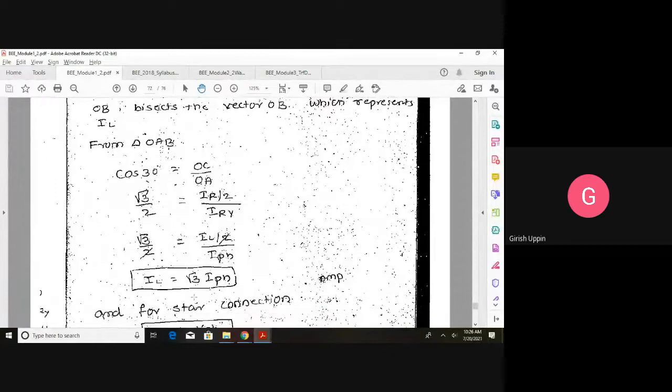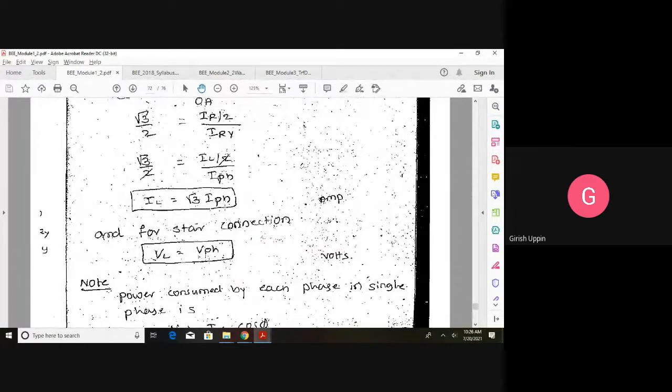Okay, cos 30 is root 3 by 2. IRY is what? IRY, which is a phase current. I phase, this IR is line current. So if you solve this, what you get? IL is equal to root 3 times I phase. In case of a delta connection, the line current is root 3 times the phase current and line voltage is equal to phase voltage. So you have to remember these two relations.